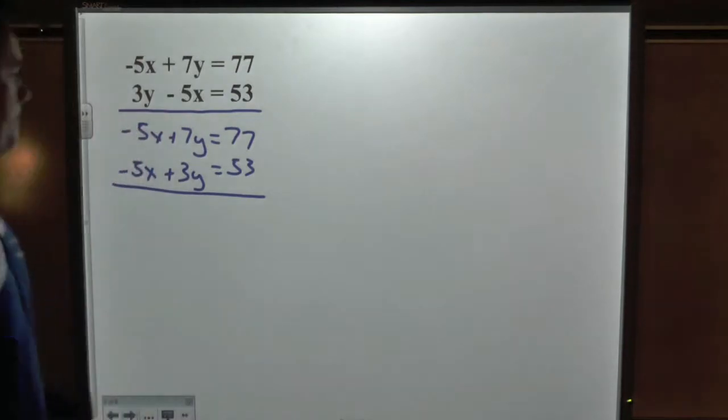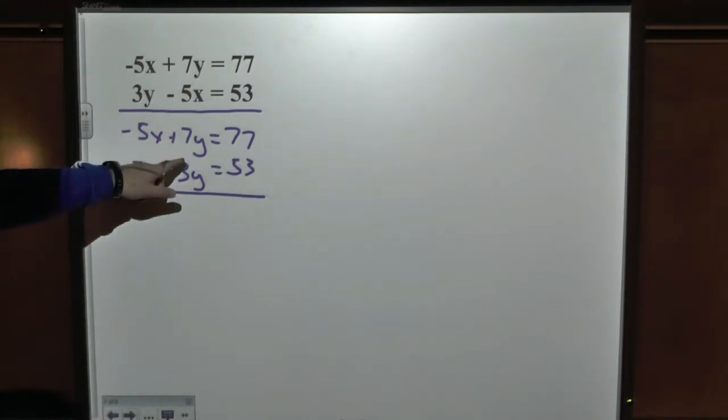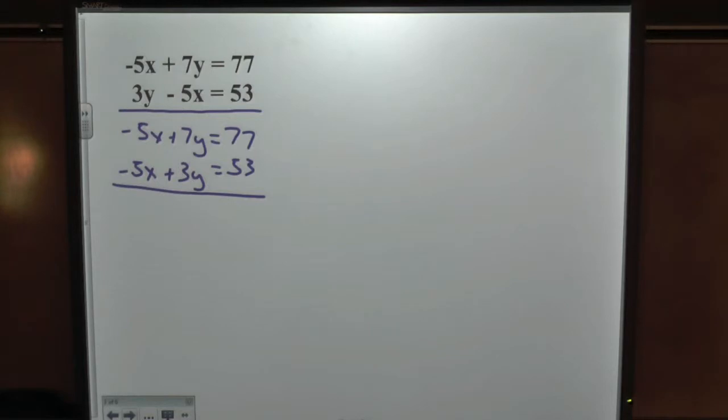From here, if you try to add straight down, negative 5x and negative 5x is negative 10x. 7y and 3y give you 10y. You did not eliminate a variable. So comes our second rule: is there a variable that has the same coefficient in front? That's true; we have that here with the negative 5's.